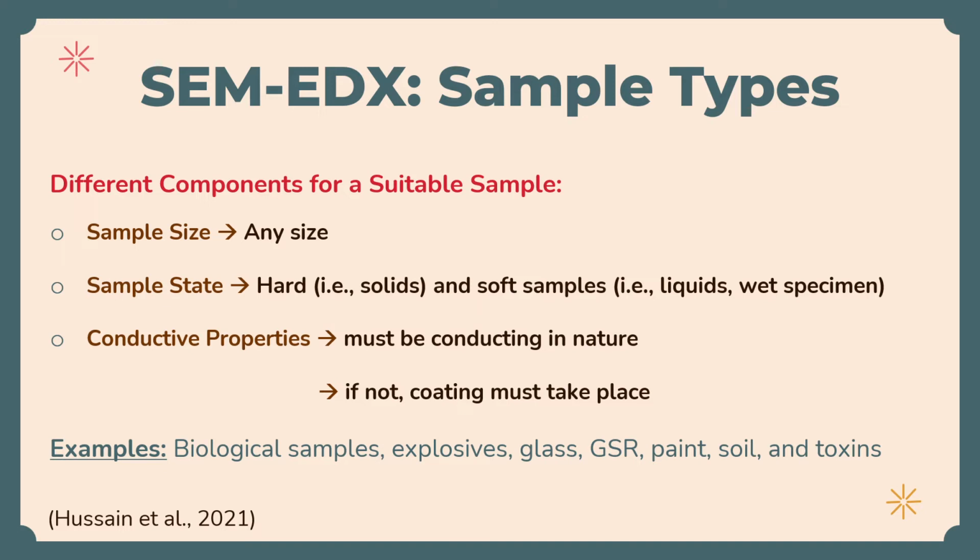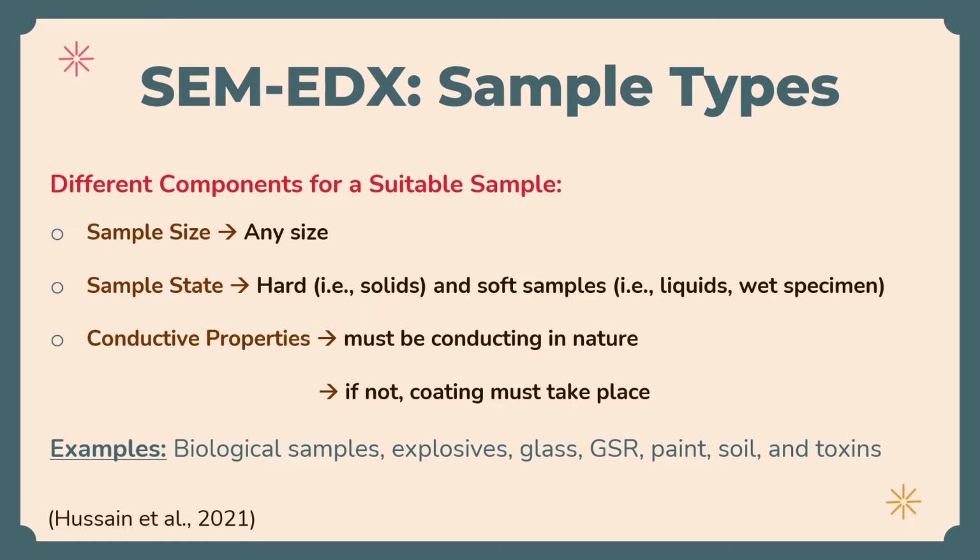The sample size is able to vary as the setup is able to examine the various different sizes, larger samples or portions of the sample. The sample state is able to be a hard or soft sample, but there are different sampling preparations for each of them, whether it's a solid or a liquid specimen.